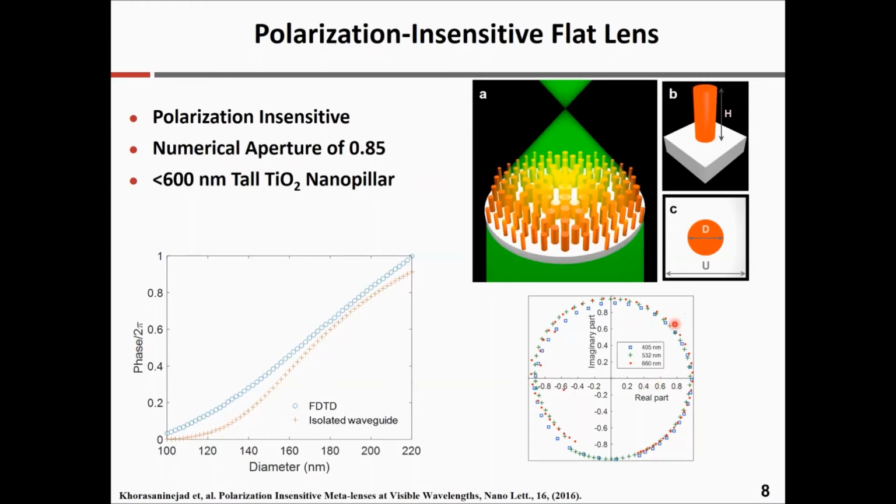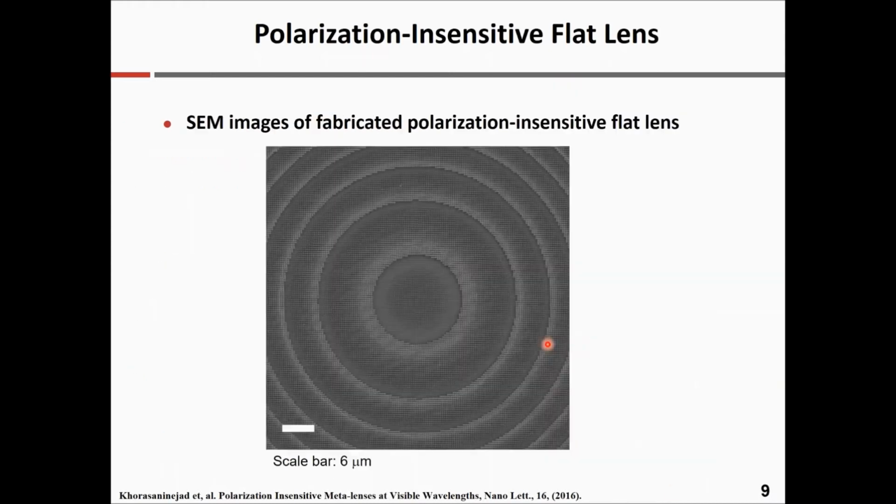The radius shows the transmitted light, which here is more than 95% for most of the points, which means the transmission from this titanium dioxide nanopillar is very high. Potentially you can make a high performance and high efficiency optical component, and most of them make a full circle, which means we can reach 2 pi phase coverage.